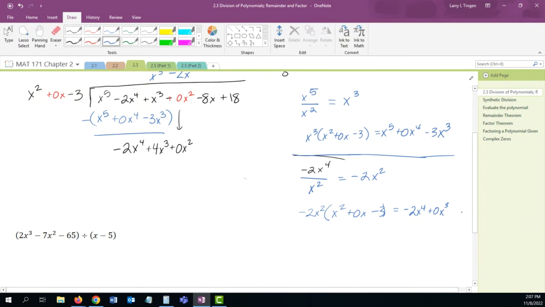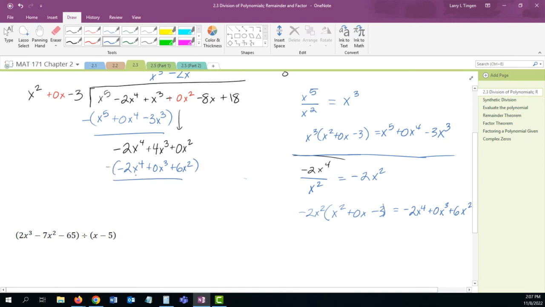Negative 2x squared times negative 3 is positive 6x squared. So write all that down. Negative 2x to the fourth plus 0x cubed plus 6x squared. And then subtract.